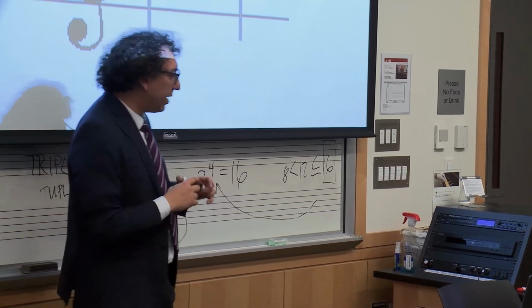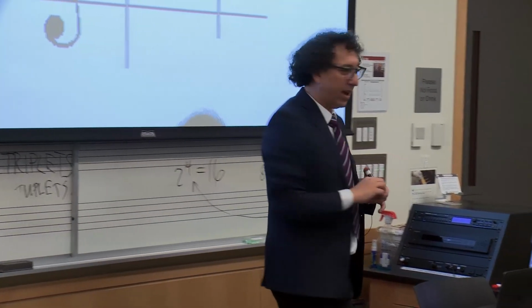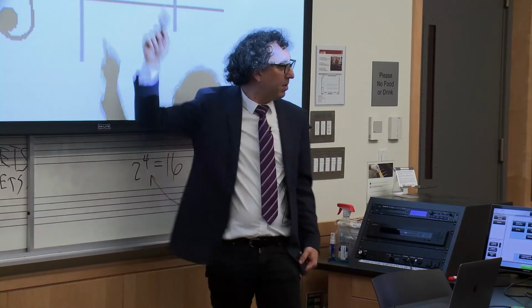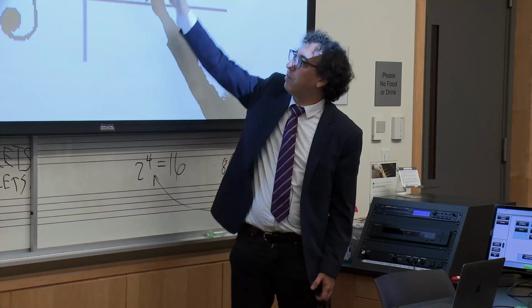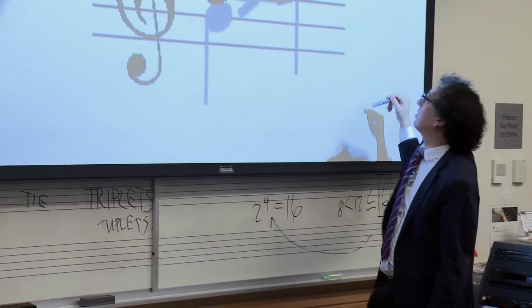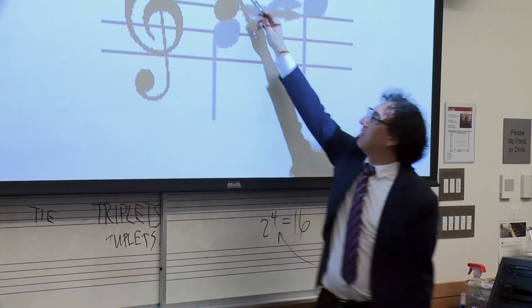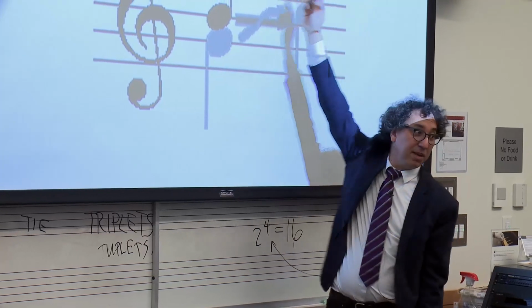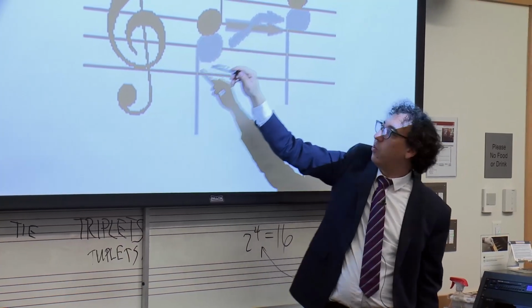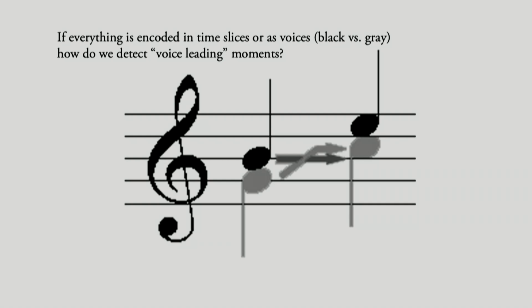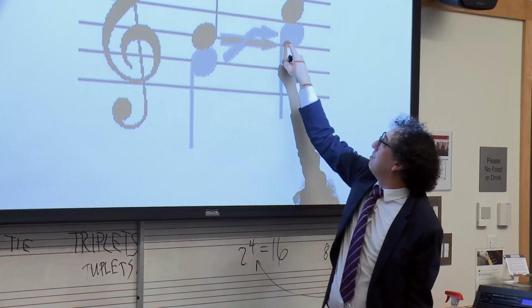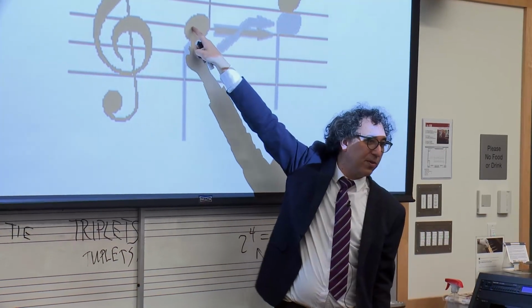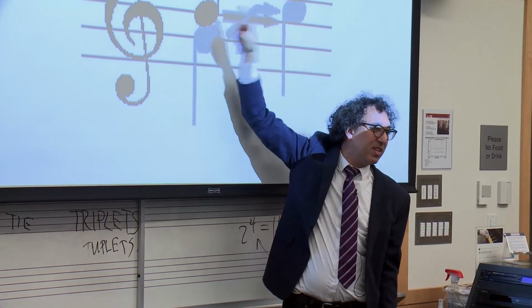Well, let's analyze how we would find overlap in the part-based, in the box system, in the container system. Well, we'd probably have one container for this part or measure, and then one container for the up-stemmed notes, that's a voice, and one container for the down-stemmed notes. We need to know if at this moment this note has crossed over the previous notes in the other containers.